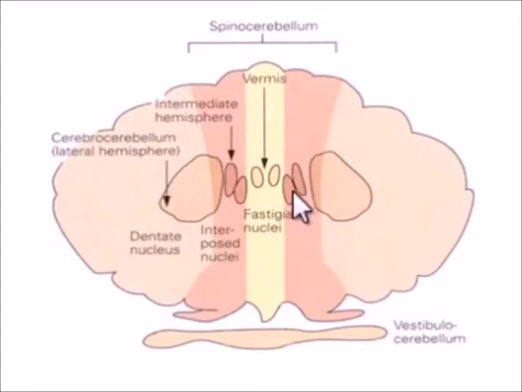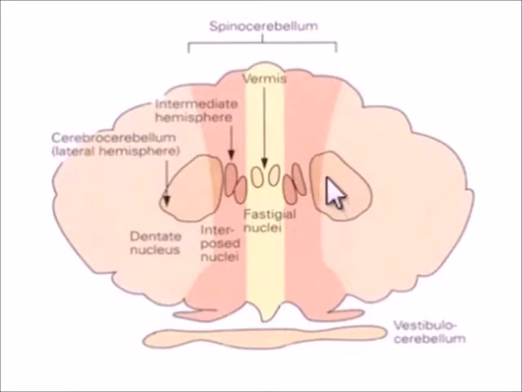This nucleus interpositus is made up of two nuclei called globose and emboliform nuclei, and lateral to this interpositus nucleus, mainly in the cerebrocerebellum, is the dentate nucleus.